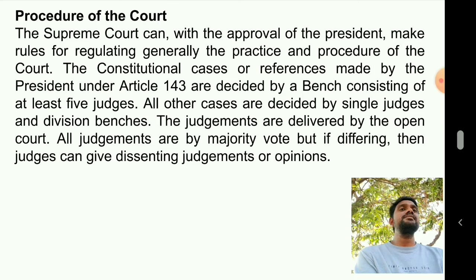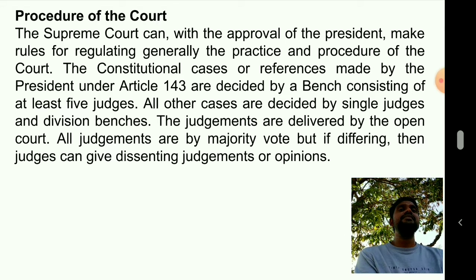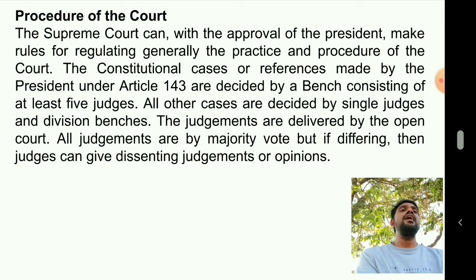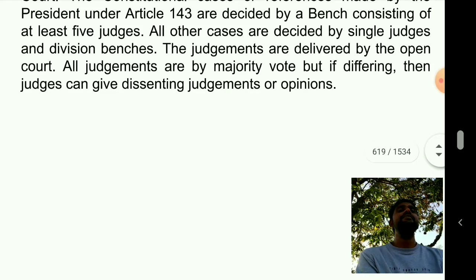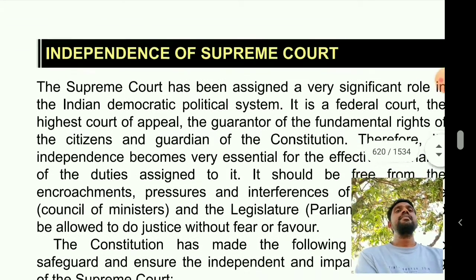All other cases are decided by single judges and division benches. The judgments are delivered in open court. All judgments are by majority vote, but if differing, then the judges can give dissenting judgments or opinions.